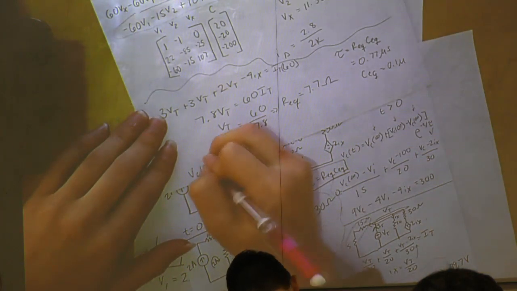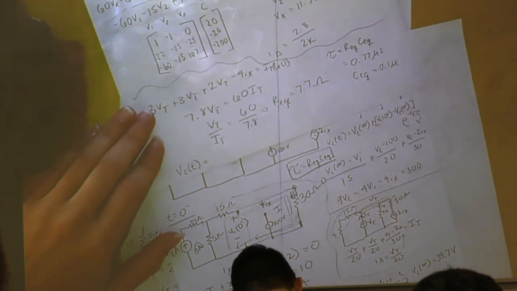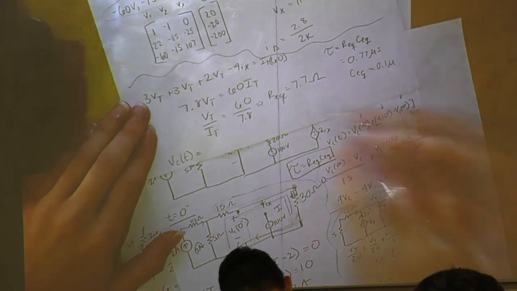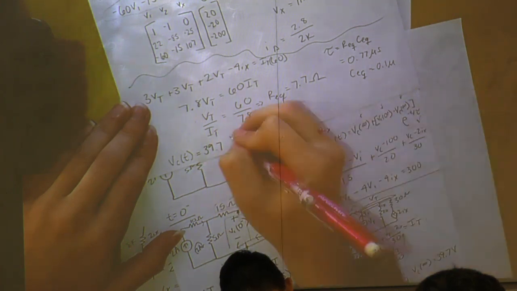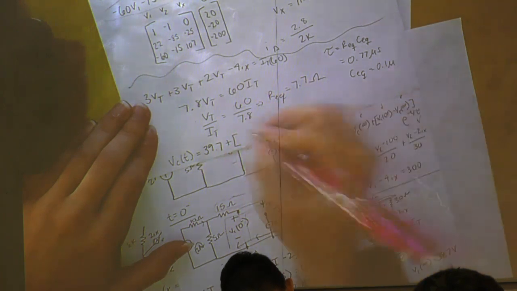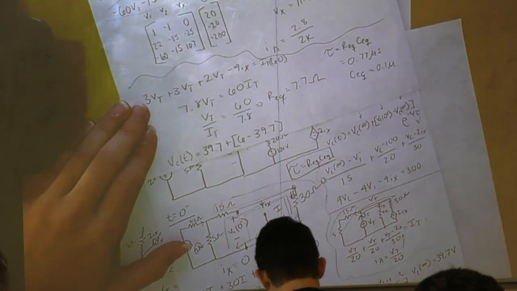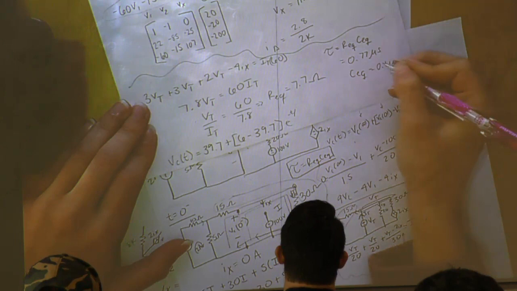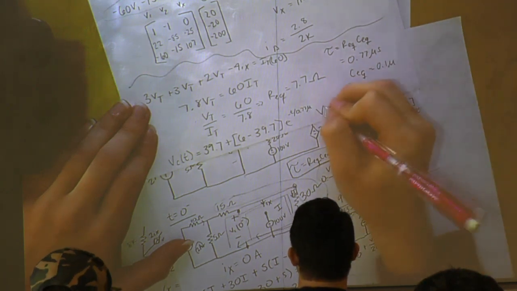VC of t is our infinity, and our infinity was 39.7, plus our 0 plus, which was 6, minus our infinity. Then we have e to the negative t over our tau, 0.77 micro. And this is volts.